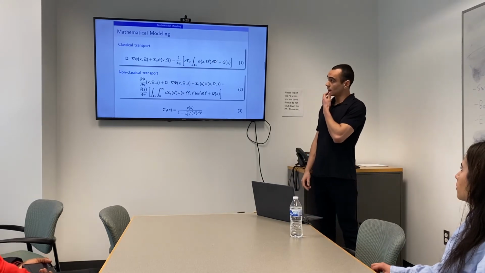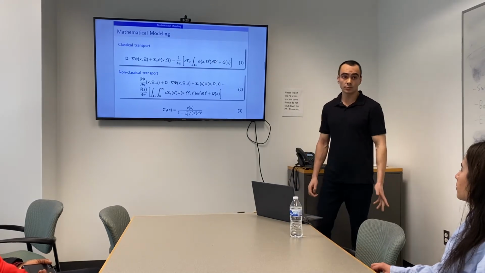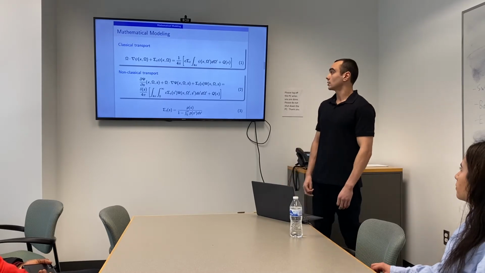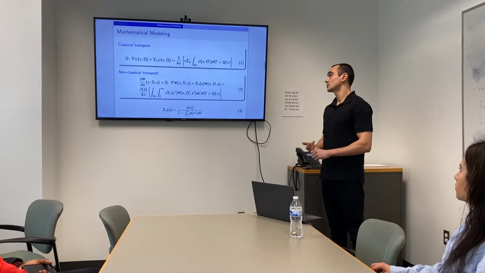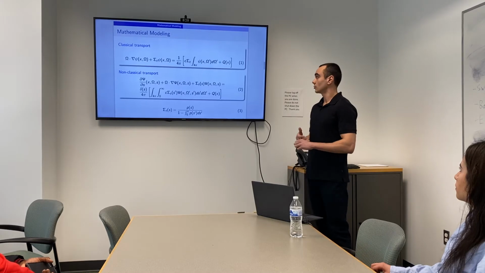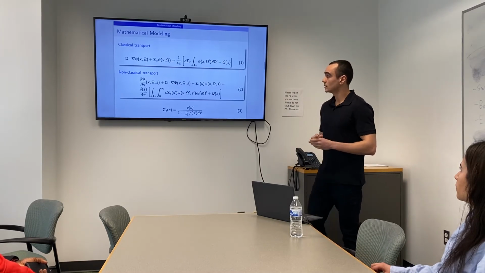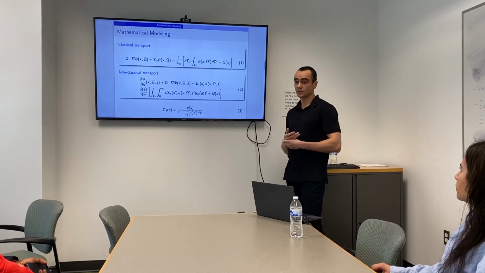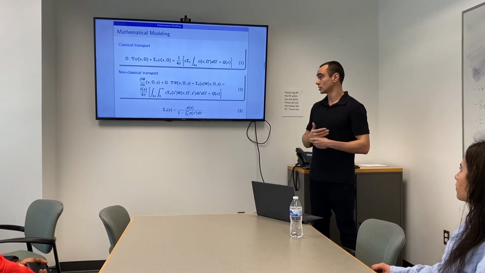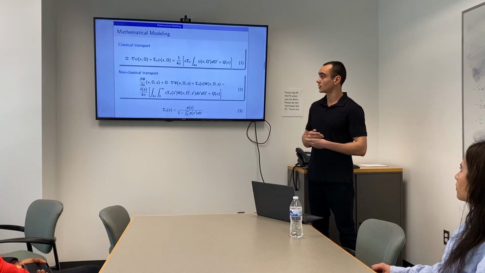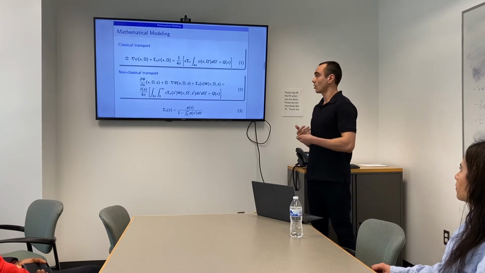Here we have a simplified version of the linear Boltzmann equation, in this case steady state, monoenergetic, and with isotropic scattering. Our unknown here is psi, the angular flux, which is a function of the position vector x and the direction omega.